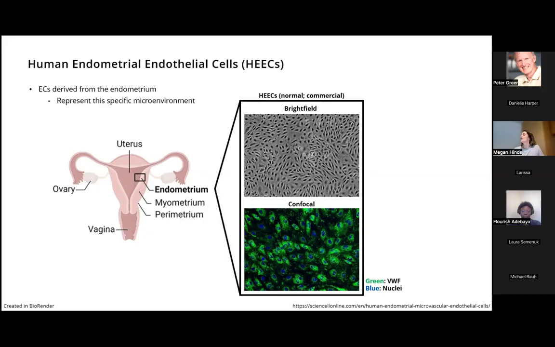So these cells are, of course, isolated from the endometrium itself and represent the vascular bed directly involved in menstruation. By focusing on this cell type, we can better understand how local vascular function or dysfunction contributes to menstrual blood loss, and how specific hemostatic, fibrinolytic, or angiogenic mechanisms may differ in women with VWD compared to healthy controls.